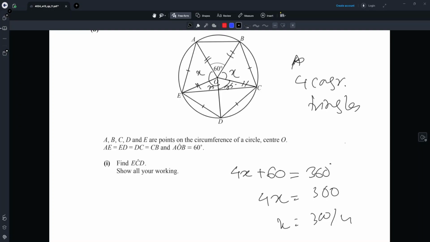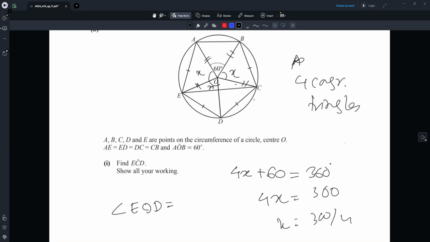Actually, I don't even need to do this one, because there is another thing I forgot to tell you, which is the angle from here to the center. I know that angle EOD, the angle at the center, is twice the angle at the circumference, starting from and ending at the same points. I start from E, go to the center, end at D. This angle is 2x.